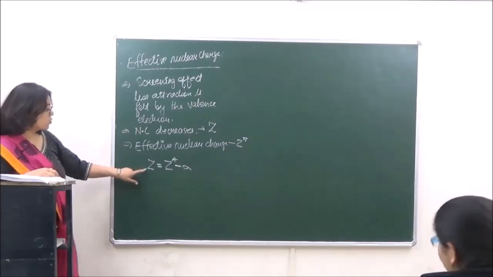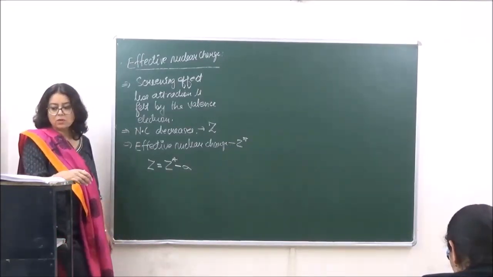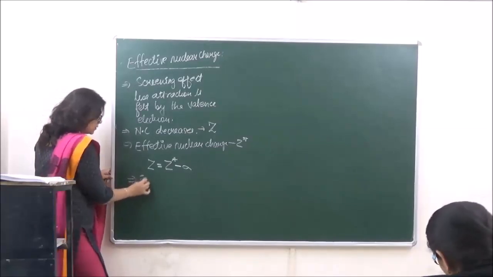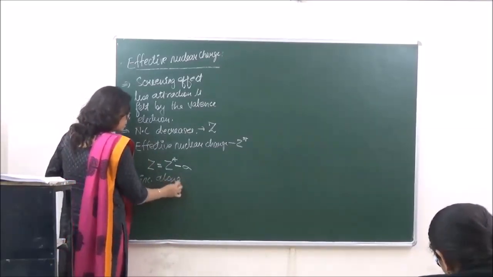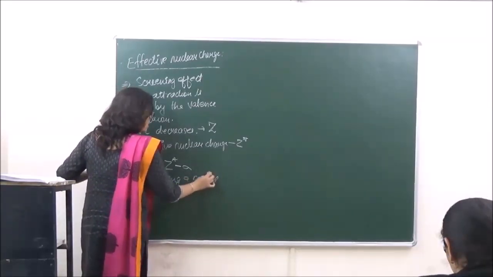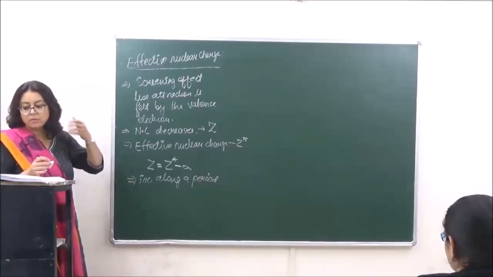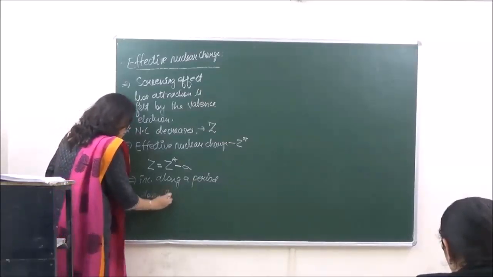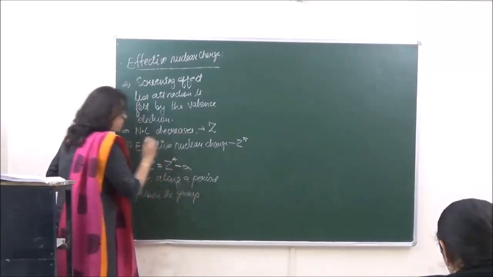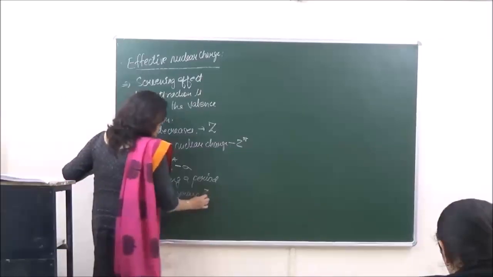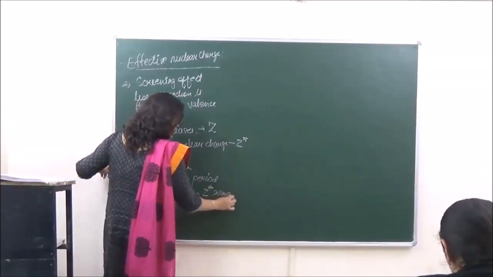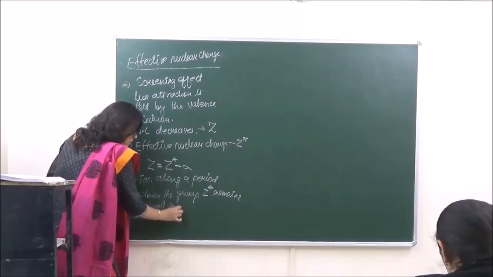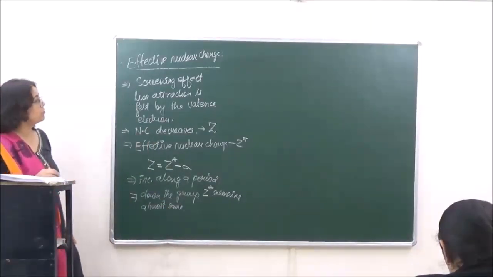Now when we are talking of effective nuclear charge, it keeps on increasing along a period, whereas when we are moving down the group, effective nuclear charge remains almost the same. There is not much of a difference.